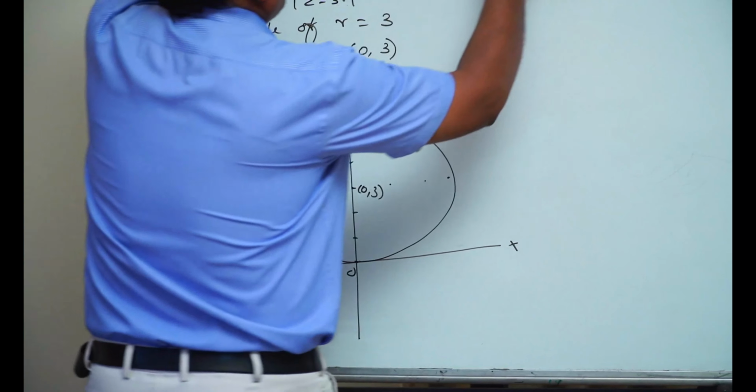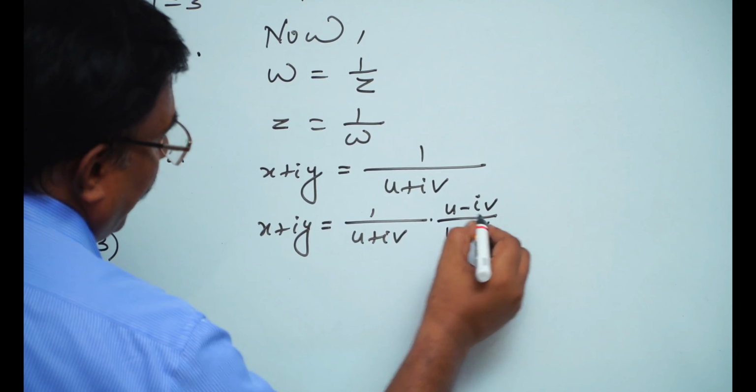Now the given transformation is omega is equal to 1 by z, or z is equal to 1 by omega. Z is x plus iy, omega is u plus iv. So x plus iy is equal to 1 by u plus iv. Usually in complex numbers we can do conjugate multiplication and division, by u minus iv.